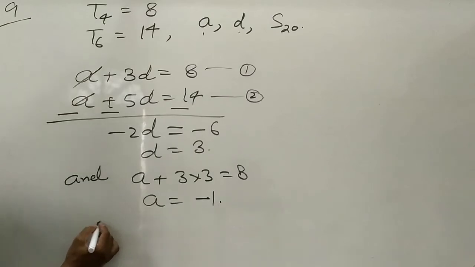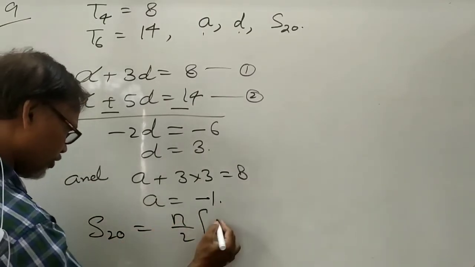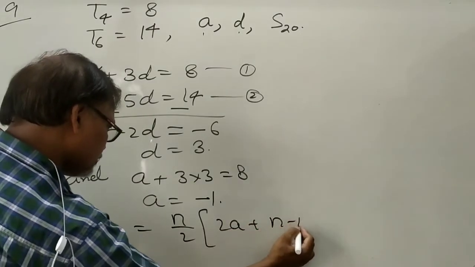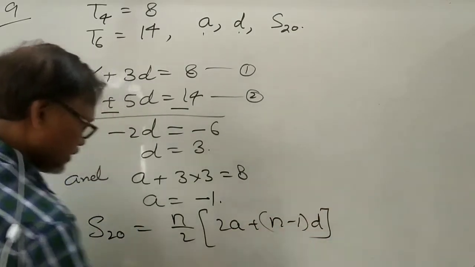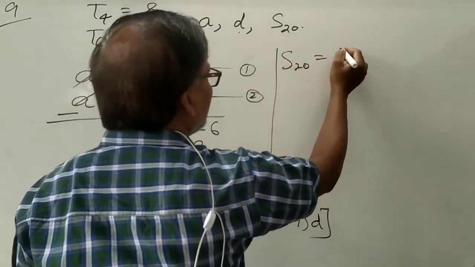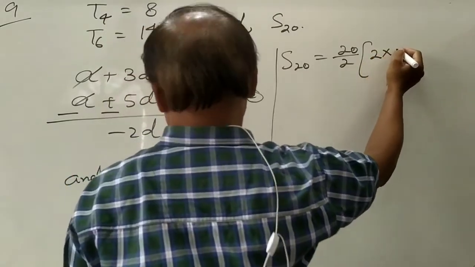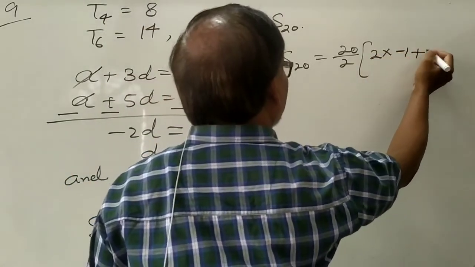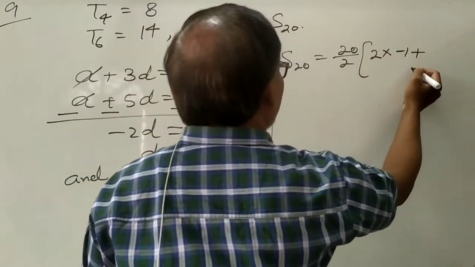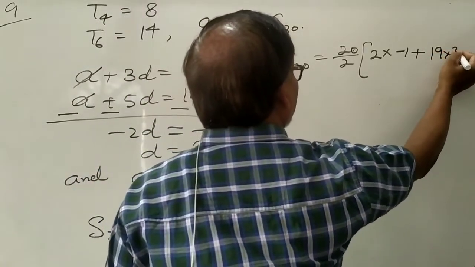After finding these you find S20 using the same formula, Sn is equal to n by 2 into 2a plus n minus 1 into d. So S20 is equal to 20 by 2, 2 into minus 1 plus 20 minus 1, 19 into 3.